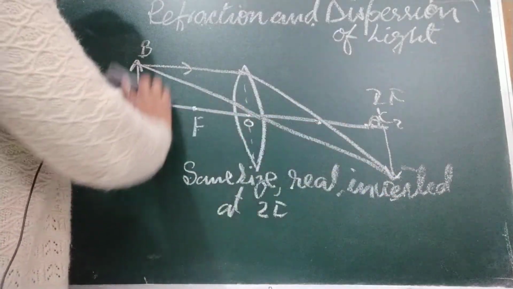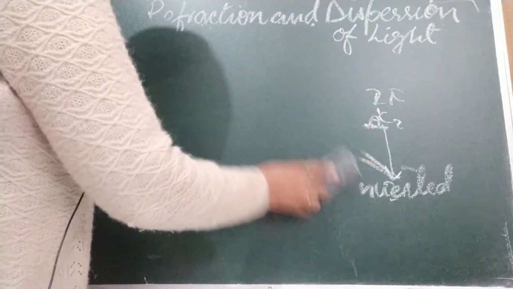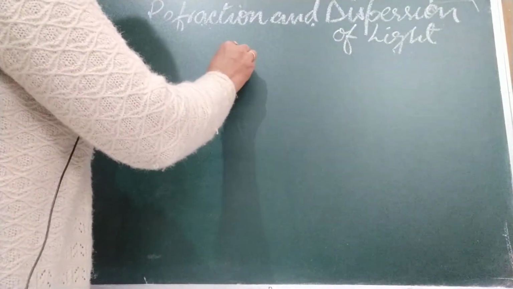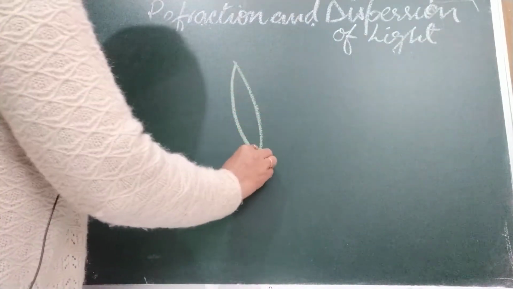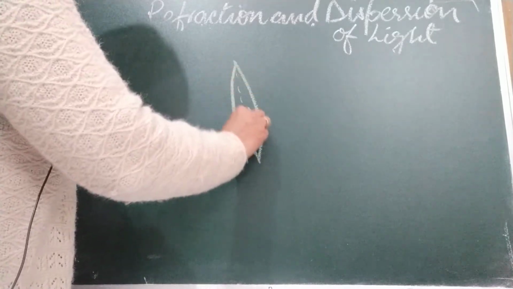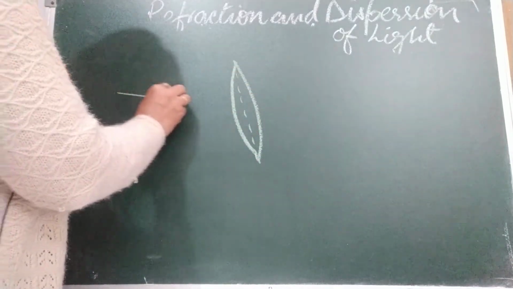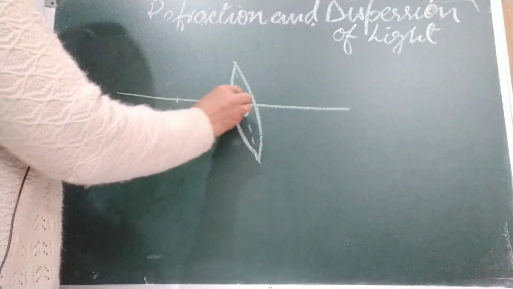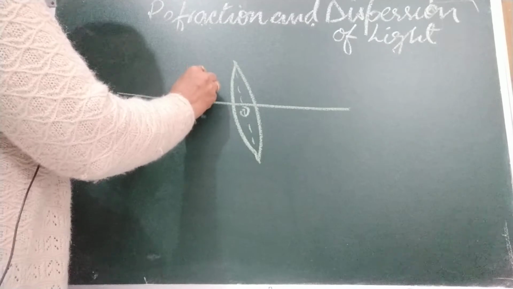Okay. Now next is when the object is placed between F and O. This is F and this is O. What happened?